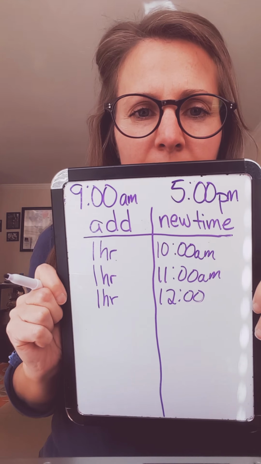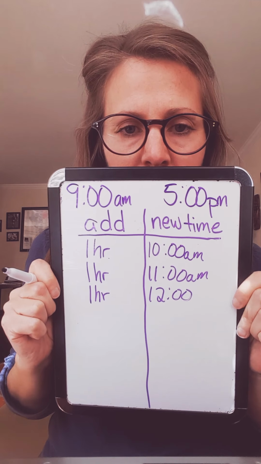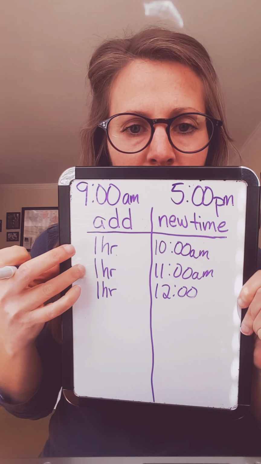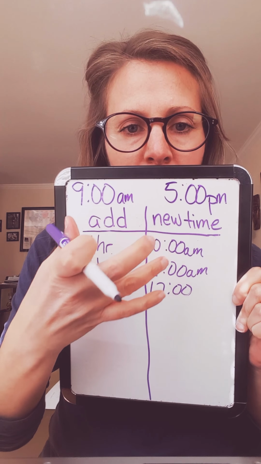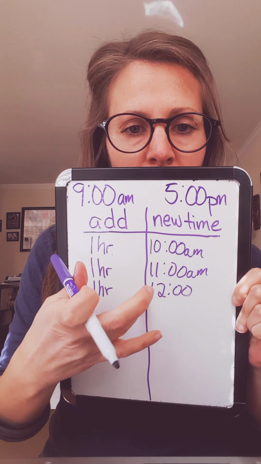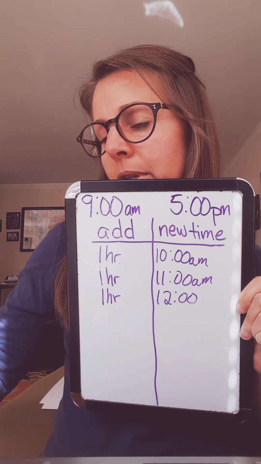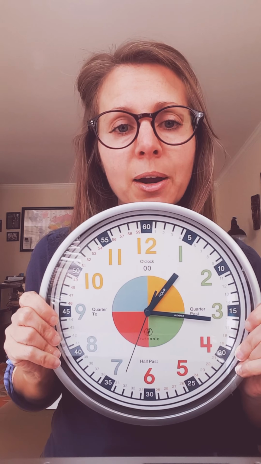Now here's where we need to stop and discuss. Okay, so far we added 3 hours and then we made the new time on our new time side. We're at 12. Okay, if we stop and take a look at a clock, we know that we need to switch from AM to PM here, but how are we going to do that?